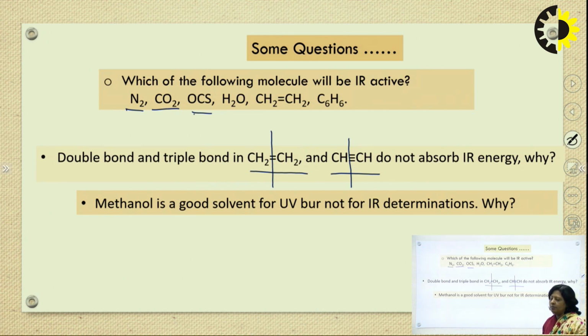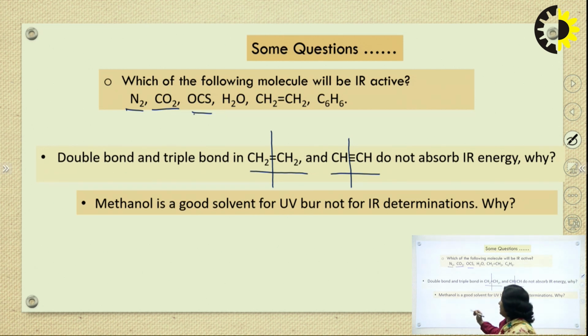More often, one question is asked: methanol is a good solvent for UV-visible spectroscopy, but not for IR determinations. Why? When we talk about a solvent, its role is to be inert and let the solute show its properties. In the case of methanol, it does not absorb in UV spectroscopy because it has no chromophore.